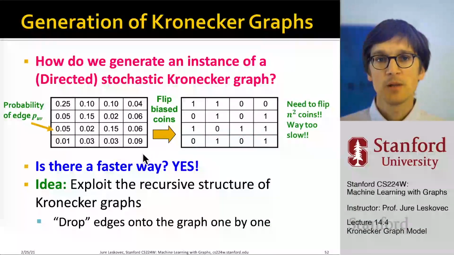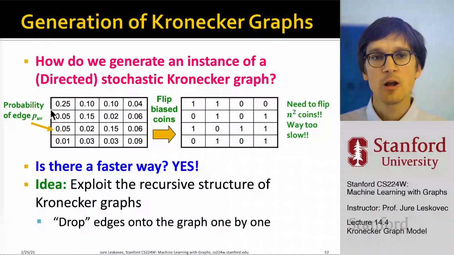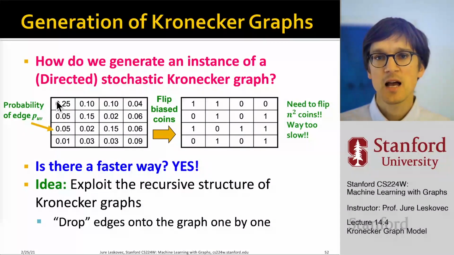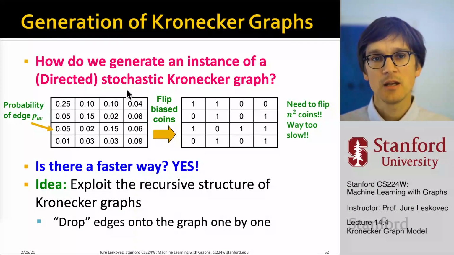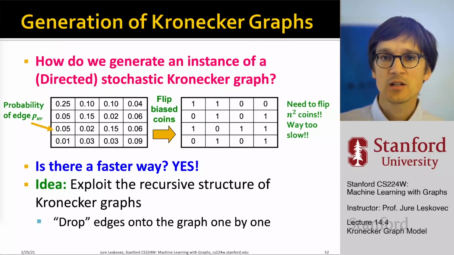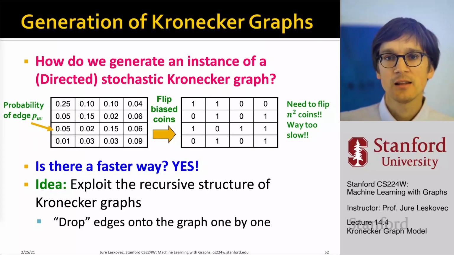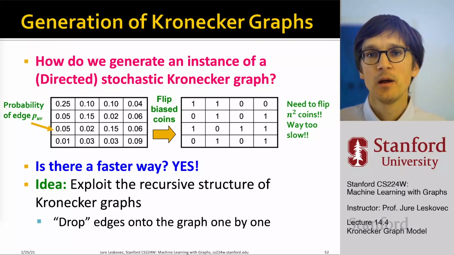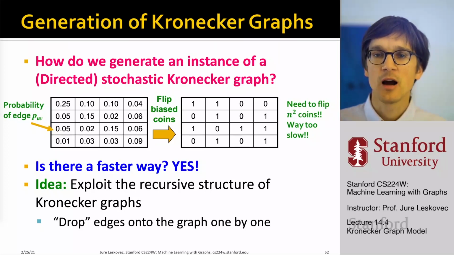What is the problem? The problem is that we have to flip all these coins, and if the graph has size n, which means this matrix has size n by n, then we need to flip order n squared coins, and that's far too many coins to flip. If I want to generate a million node graph, I need to flip a million squared coins, so I have to flip 10 to the 12 coins.